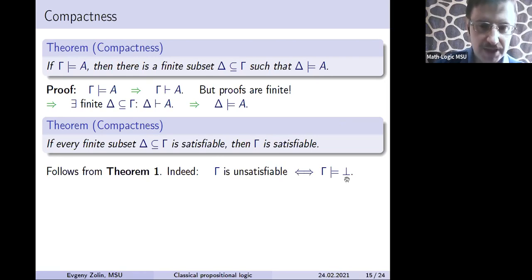So if gamma implies false, then there is no evaluation for which gamma is true, because then false would be true. False would have the value 1, which is impossible. And vice versa. This is an easy equivalence. And this equivalence allows you to obtain theorem 1 from theorem 2 and theorem 2 from theorem 1. So these are easily equivalent formulations of compactness.